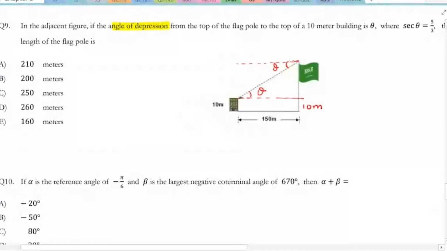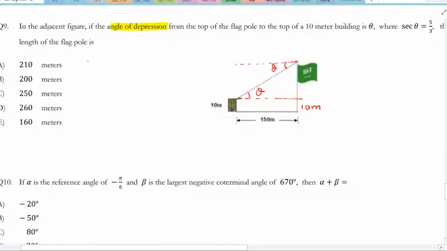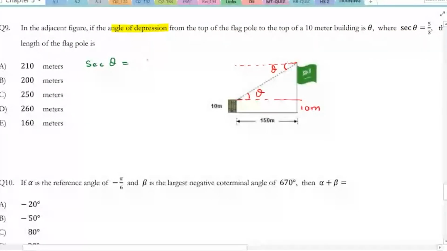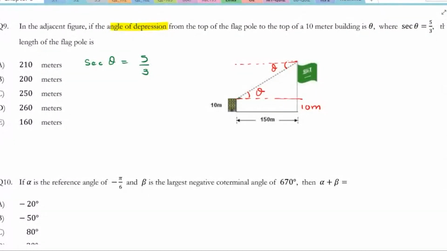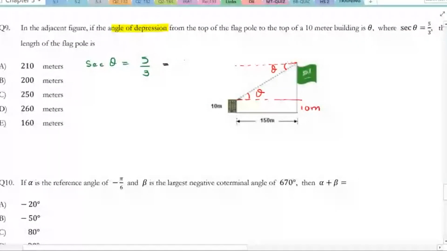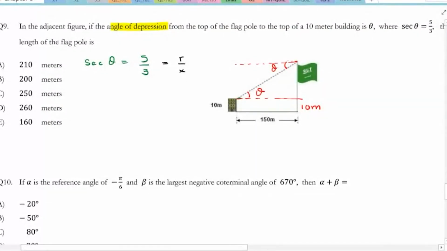Now, the question gives us secant. It says secant of theta is equal to 5 over 3. Gentlemen, we know that the secant is equal to r divided by x.